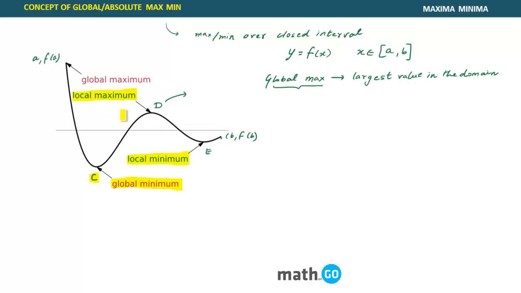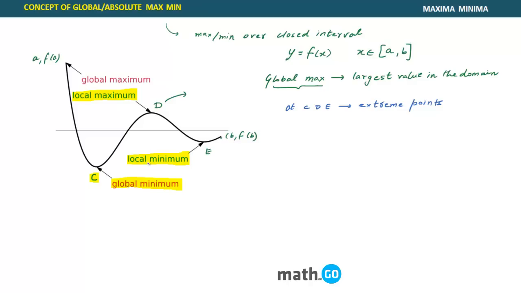So here you are getting three values. At C, D and E you have extreme points. They are extreme points because you are obtaining local maximum and minimum values. But if we talk about the global maximum or global minimum value, it is not necessary that the local maximum would be the greatest value or the local minimum will be the lowest value.